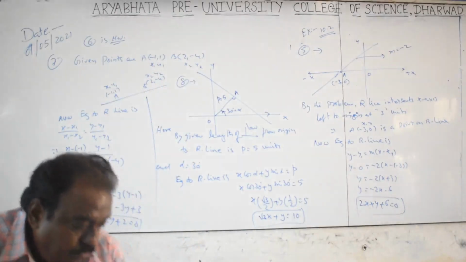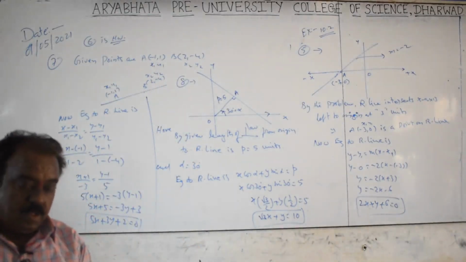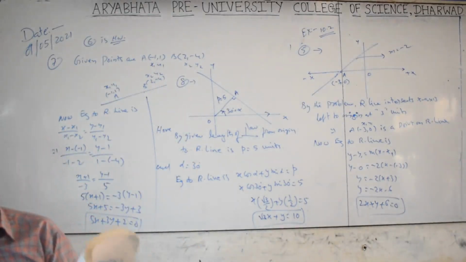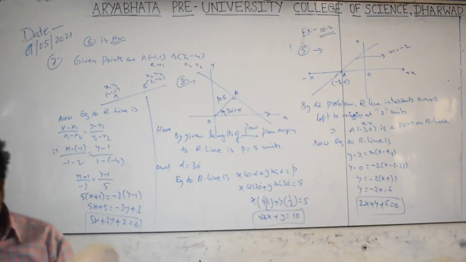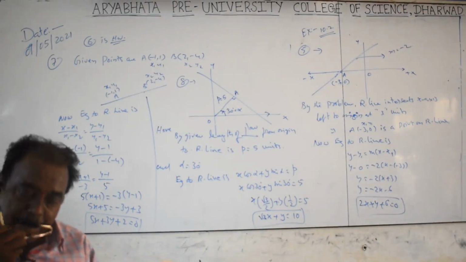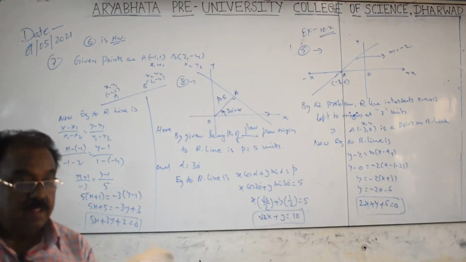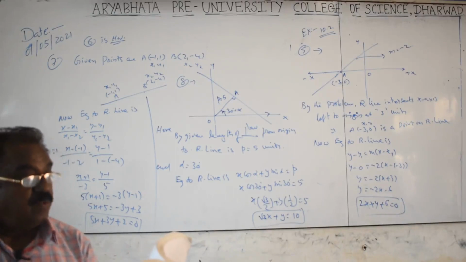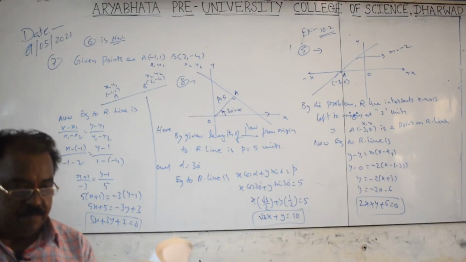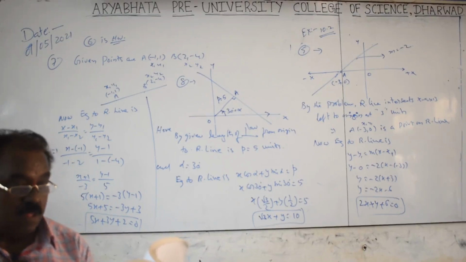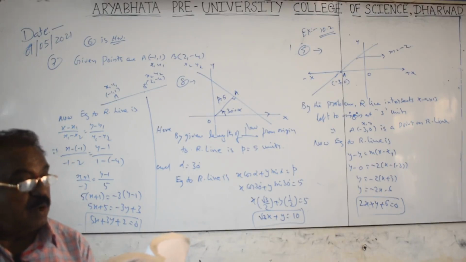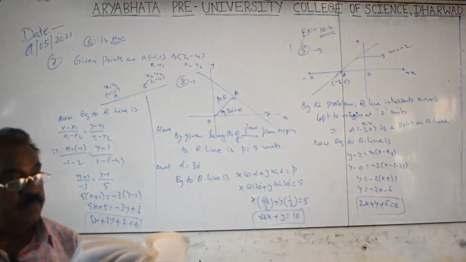Now, 9th one. The vertices of triangle PQR are P is 2 comma 1, Q is minus 2 comma 3, and capital R is 4 comma 5.